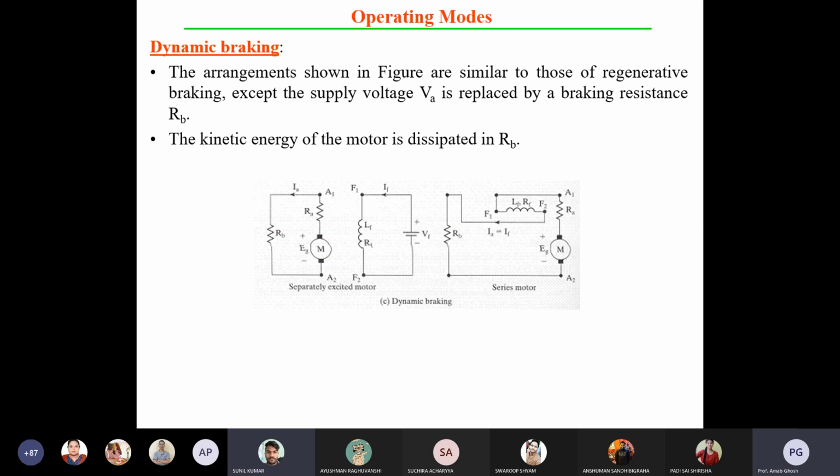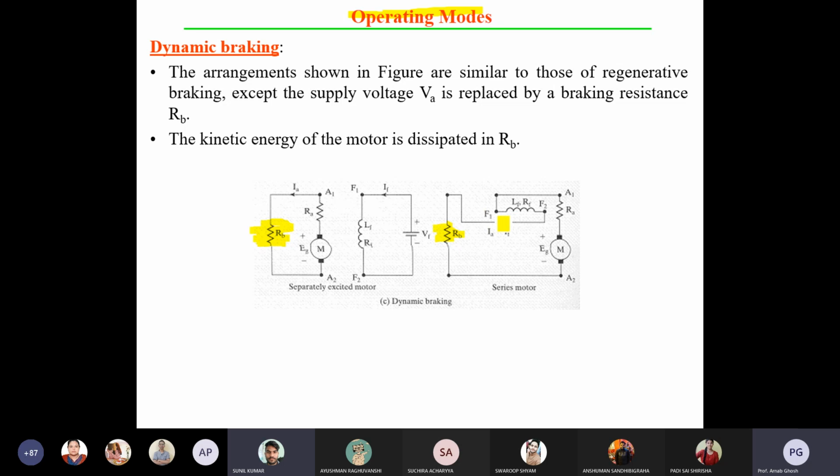Then we are discussing the dynamic braking for our system. What is dynamic braking? You replace the source by a shunting resistance. Some additional resistance is there, and you connect it directly, replacing that source.